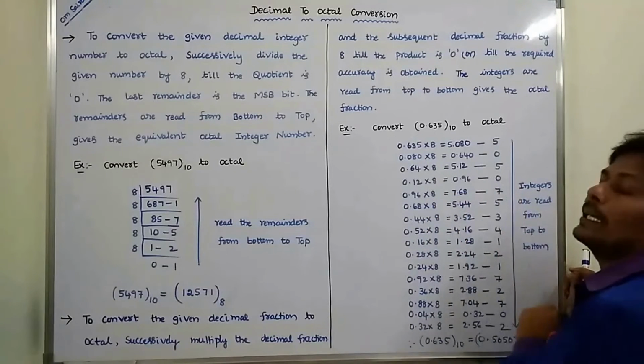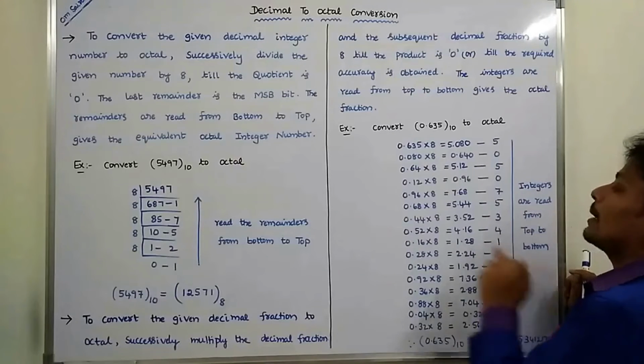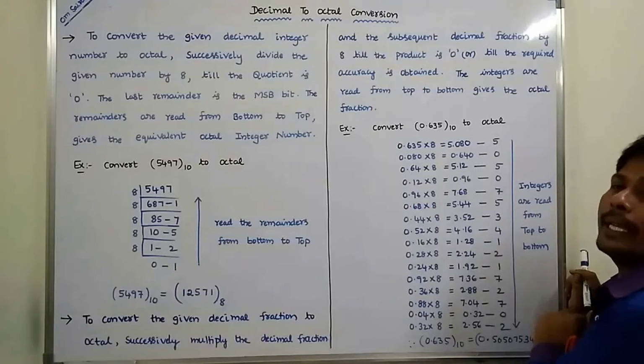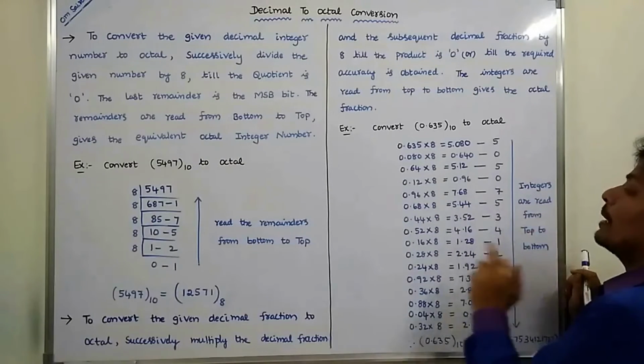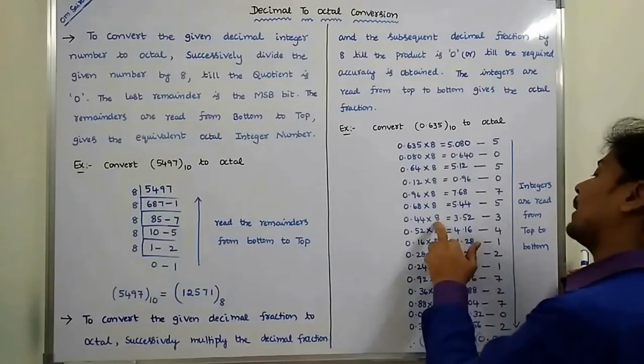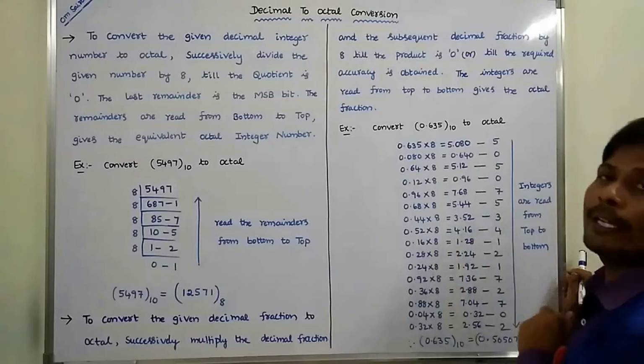We have to separate the integer part 7, the remaining fraction part 0.68 is multiplied with 8, we are getting 5.44. Separate the integer part, the remaining fraction part 0.44 is multiplied with 8, we are getting 3.52.